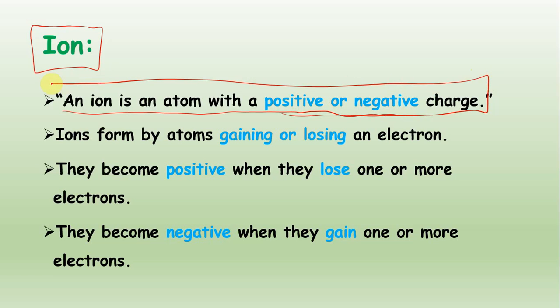So this is the definition: an ion is a charged particle, whether positive or negative. Like, look here, sodium is positive, chloride is negative. So these are ions. An ion may be positive or negative.